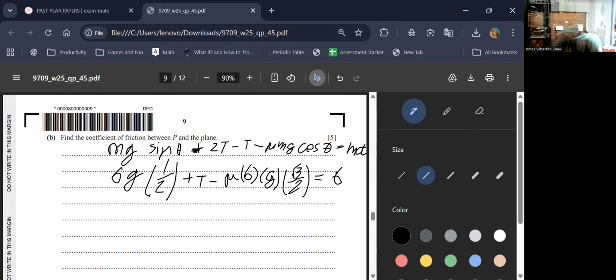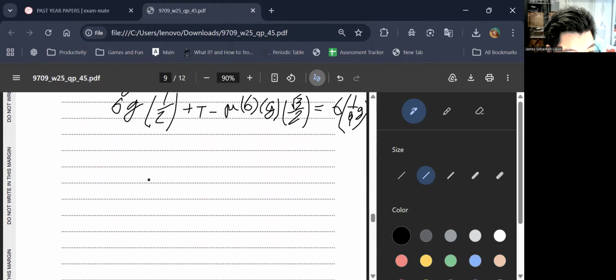What is a? a is found already as 1 over 9 g. Now let's solve this.